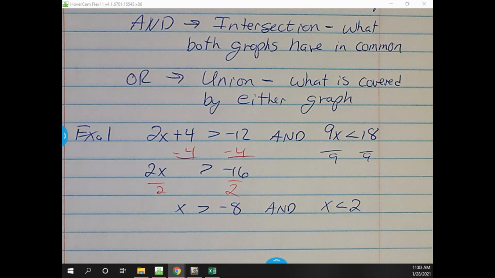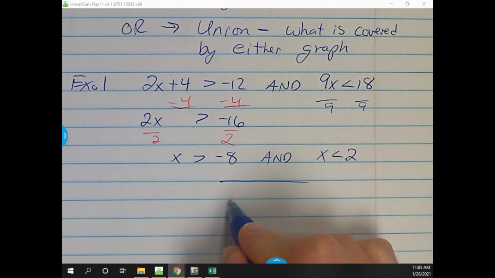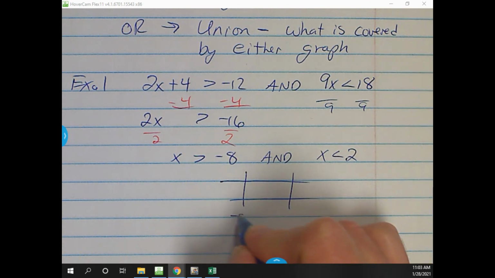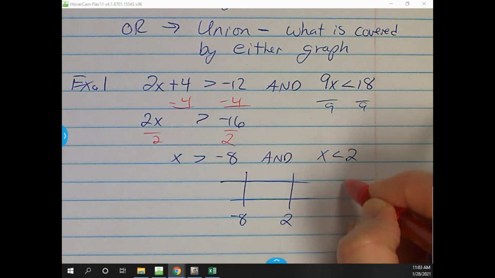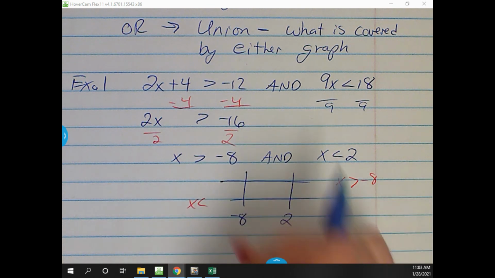Okay, graph-wise, when you do these, this is where we have to look at the two graphs separately and then put them together. So we'll stack them on top of each other. We'll put a -8 here and the 2 here. We're going to graph x is greater than -8 on the top, and on the bottom, we're going to graph x is less than 2.